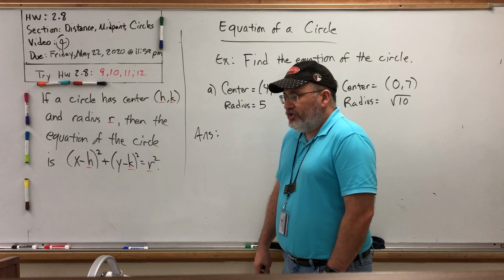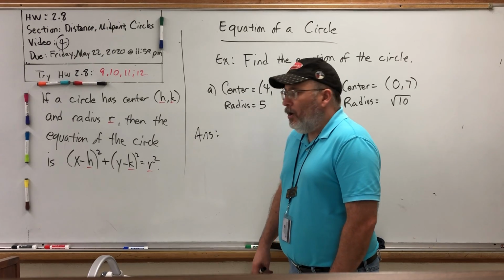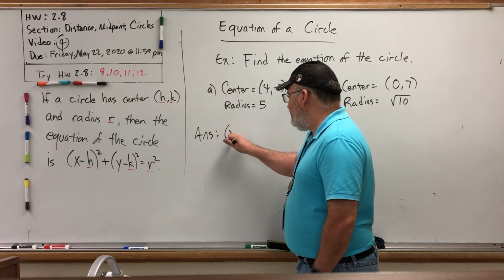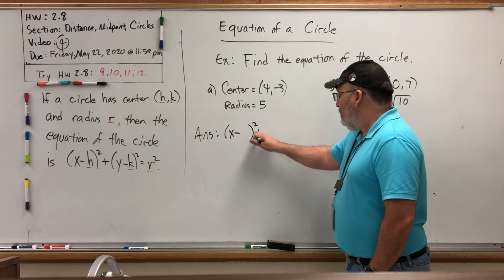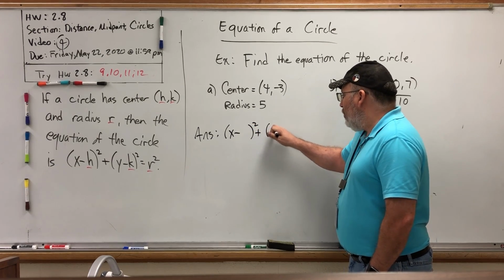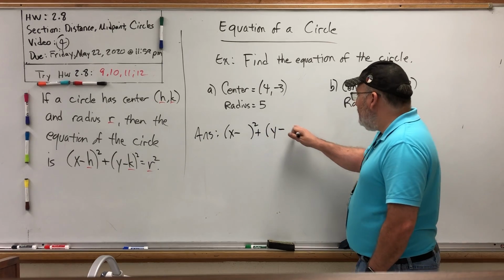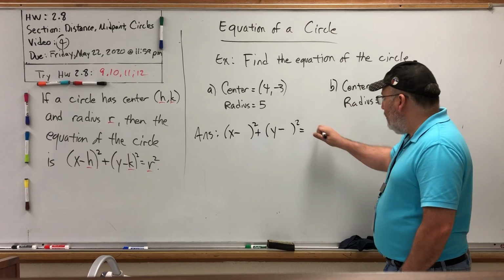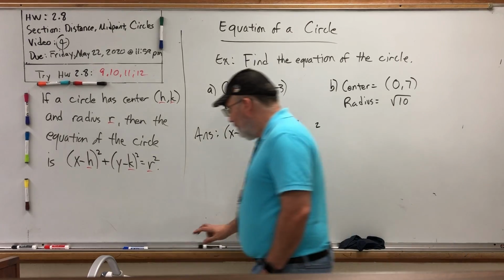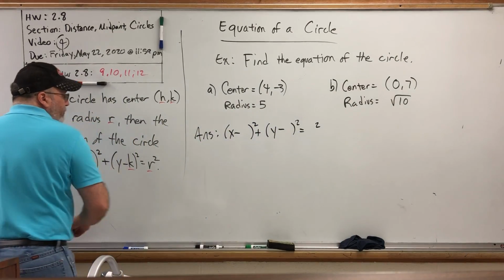Parentheses x minus, don't write the h, close parentheses, squared, plus parentheses y minus, don't write the k, close parentheses, squared, equals, don't write the r, squared. And then just substitute the values.